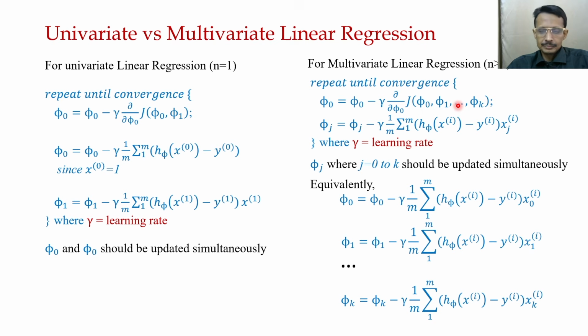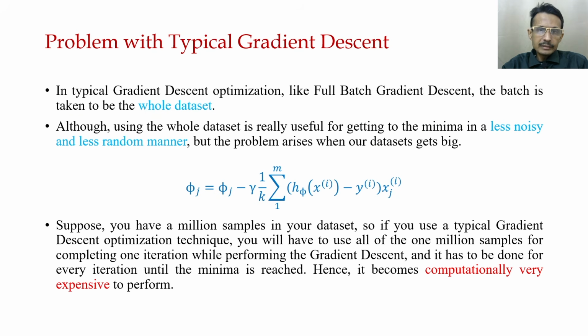So what we have seen is that by the gradient descent algorithm, we can find the local optima or local minima for the error surface. Now with this typical gradient descent optimization, there are some problems. To understand the problem, we first have to understand this equation.